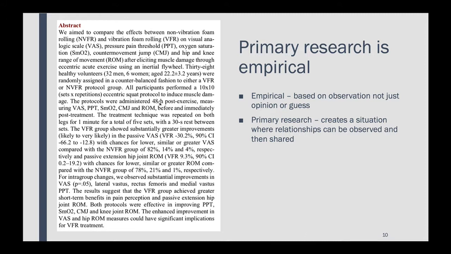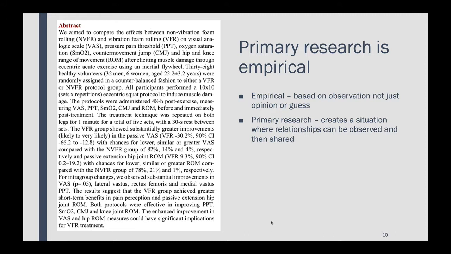That's usually when peak delayed onset muscle soreness occurs, and then both before and immediately after treatment, so that they got to see where they were after they made the person sore, and then where they were in these measures after they did the intervention with the foam roller. And again, this is primary research. They took subjects, they did something to them, and they took measurements before and after. And again, you can see what the findings are here.